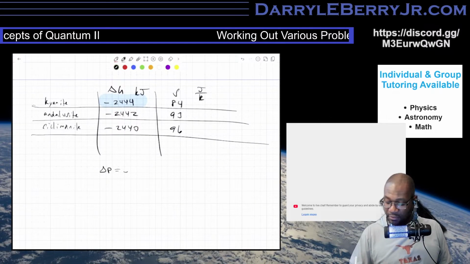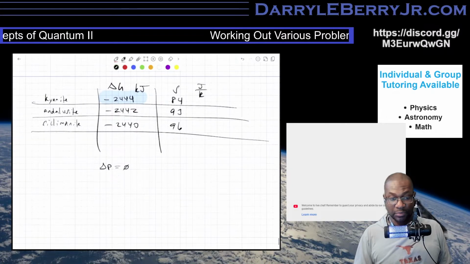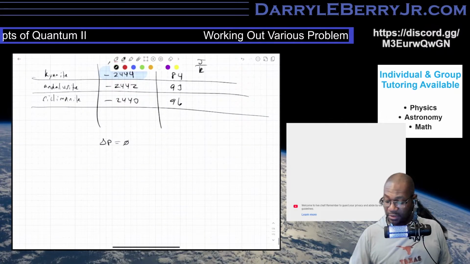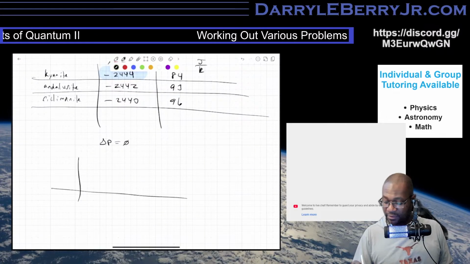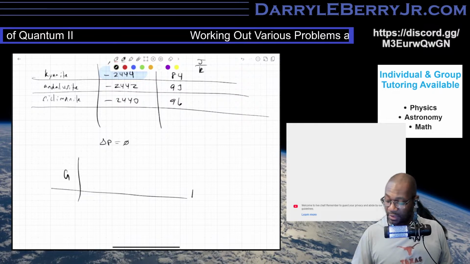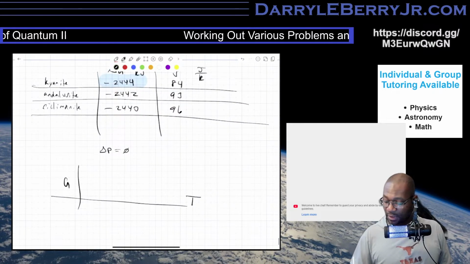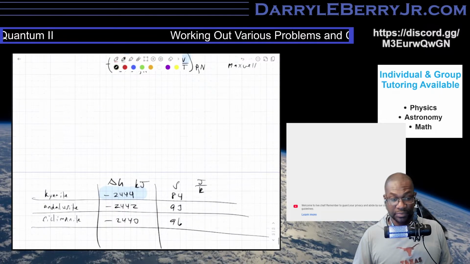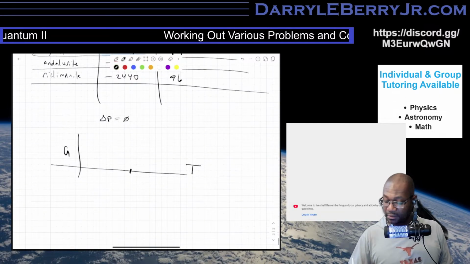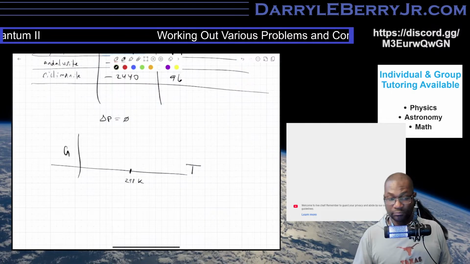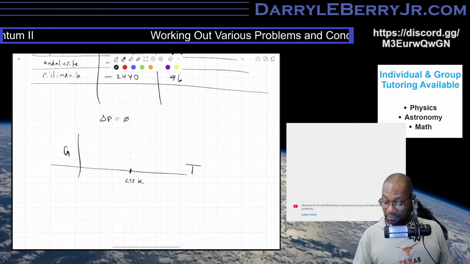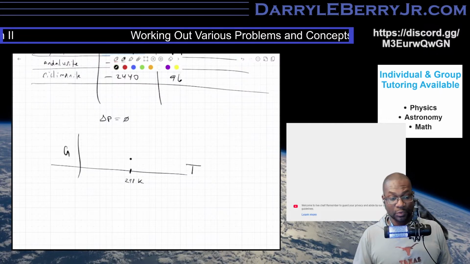So change in P equals 0, but the G is changing and T is changing. So we have a graph with G and T. And at the current temperature, which they give us to be 298 K, I'll do kyanite and sillimanite this time.